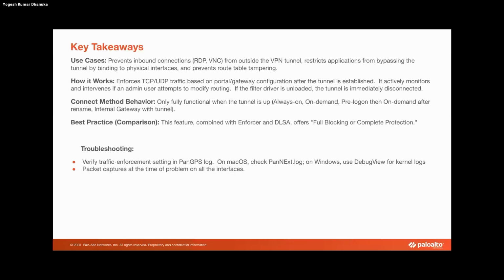So if you have at least either source IP, destination IP, or port, that will help you isolate and understand what exactly is happening, if the GlobalProtect is blocking or not blocking that, and then make a decision from there. For Windows, some of the logs are there in PanGPS and PanGPA.